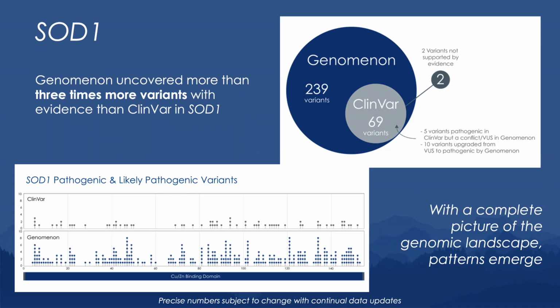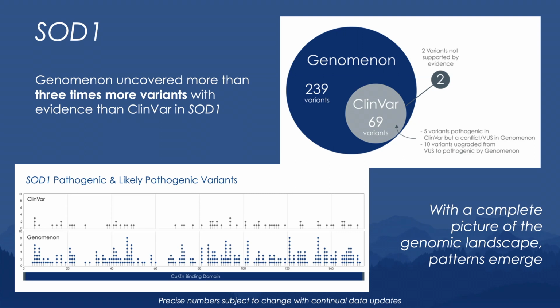So in particular, at the upper portion of this slide, I want to draw your attention to the fact that the ALS genomic landscape produced by Genomenon has uncovered 3 times more variants, each of which is associated with a vast body of evidence, compared to the number of variants for SOD1 that are found in ClinVar, which is a collection of user-submitted variants that are seen in clinical practice.